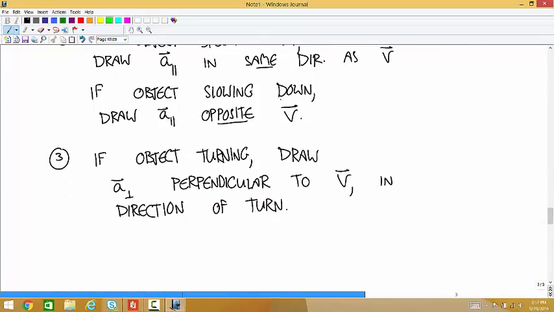And then step 4, the total acceleration is the sum of A parallel and A perpendicular. You can put those vectors anywhere, but for vector addition, you have to put them head to tail. That's why I put it there.